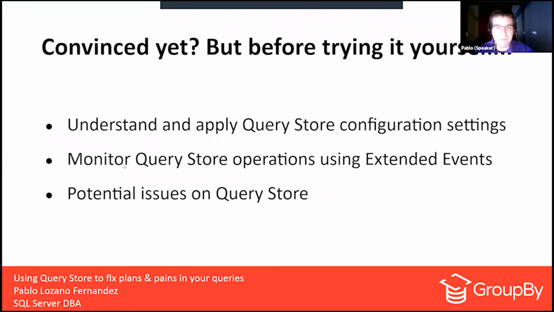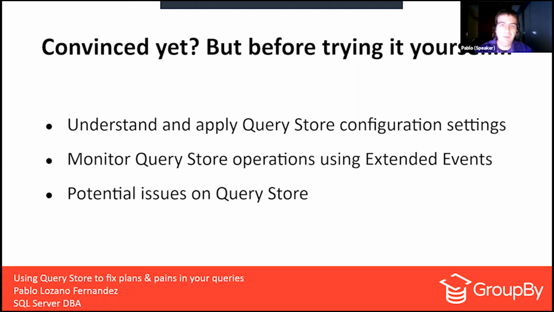Okay, so I thought I would be getting my 60 or 75 minutes, but I think I'll have to skip the extended events. There are a bunch of them, mostly under the QDS package, that include all the information. You can capture when it's doing some cleanup on the server.